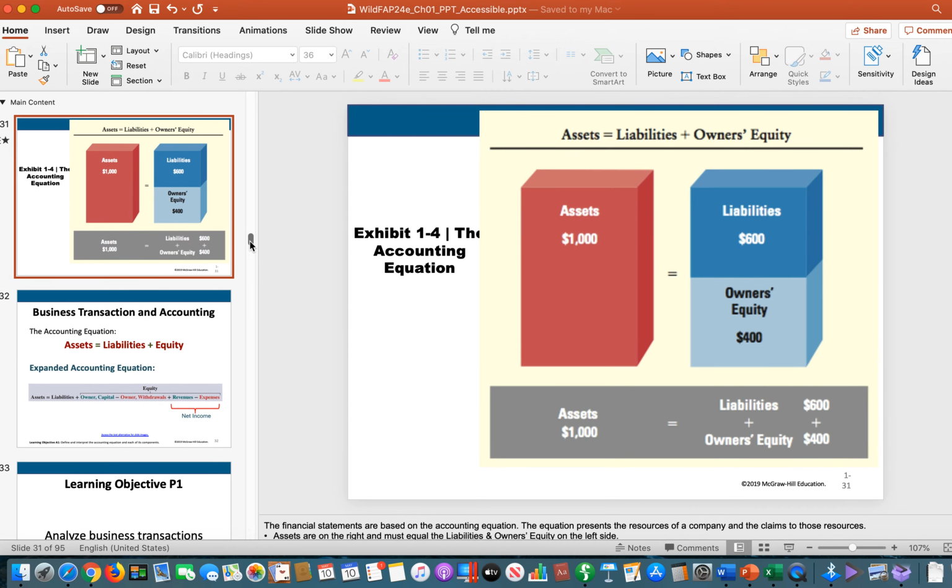On this next slide, you see assets equals liabilities plus owner's equity. Everything a company owns, assets, were either financed with money outside the company, such as loans, or investor money, equity.